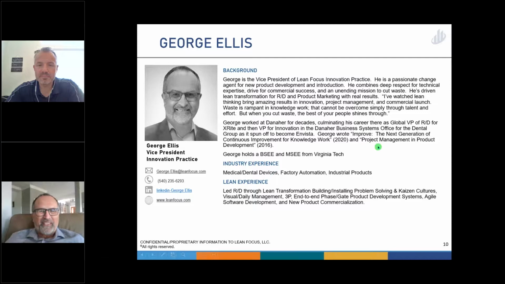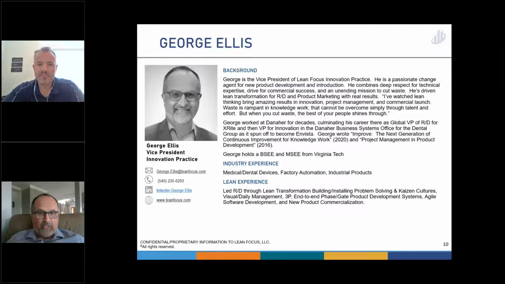For me, the excitement of it is that every R&D team I've met has a lot of very talented people. They spend decades learning their craft, and they get tripped up in hidden waste. And so it's a real joy to work with folks, and the whole point of what we try to do is cut the waste so that the real ability of those technical people can show through.